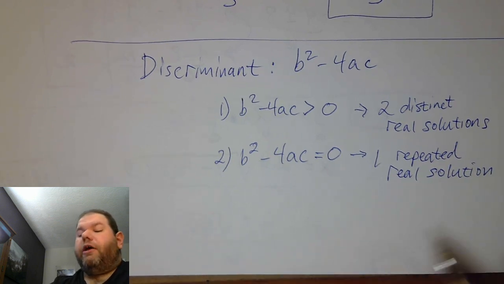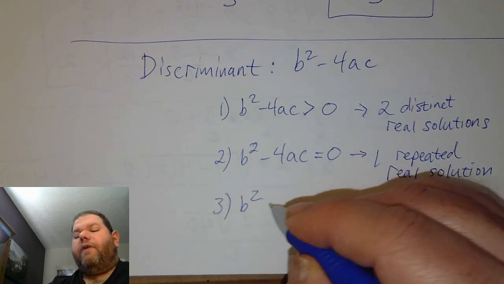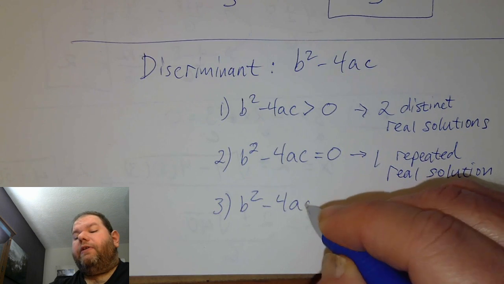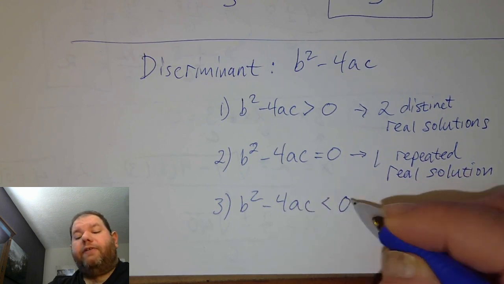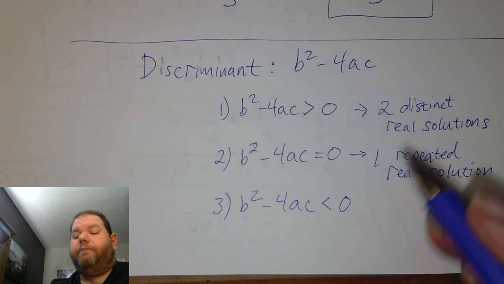And the third possibility is that we calculate the value of b squared minus 4ac, and we find that it's less than 0. So it could either be positive, it could be 0, or it could be negative.